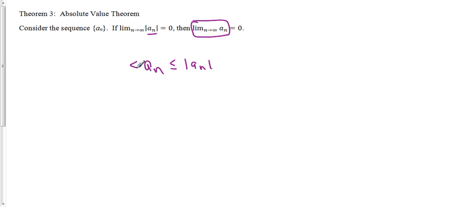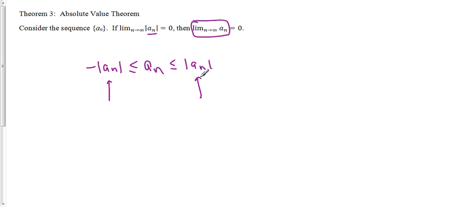Well, this is also going to be greater than or equal to the negative of that absolute value. So if my next term a_2 is equal to, I don't know, 3, well, 3 is going to be greater than or equal to -3, and it's going to be less than or equal to 3. So I've now found a sequence that's smaller and a sequence that's bigger.